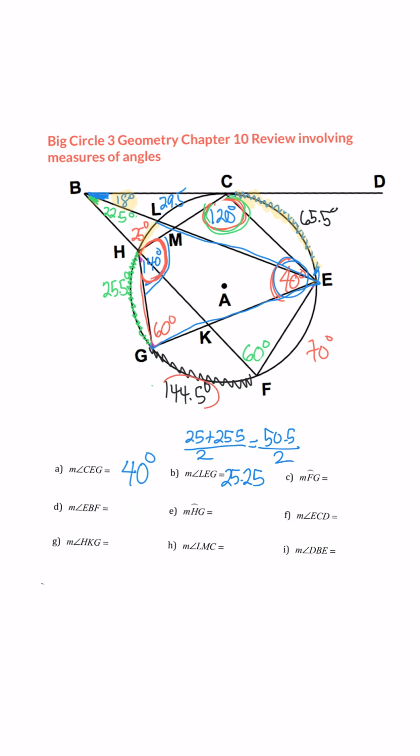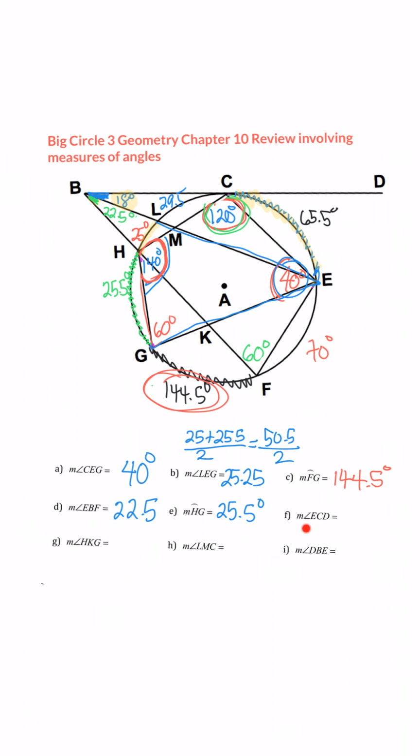Arc FG is this particular arc, and therefore that's 144.5 degrees. Measurement of angle EBF is 22.5, okay? So that is 22.5. While HG is 25.5. So that is 25.5 degrees.